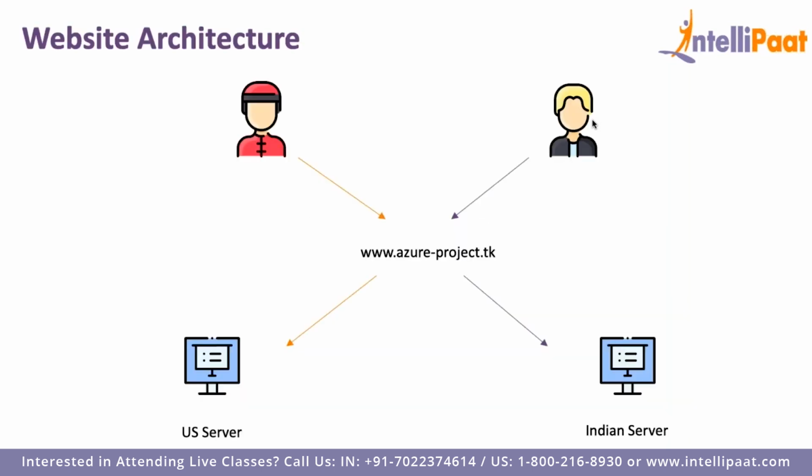All right. So what we are basically going to do is we will have two sets of servers, right? The first set of servers would be in the US region, and the other set of servers would be in the Indian region, right?